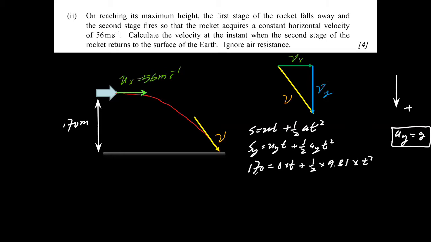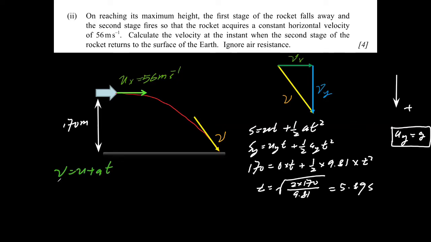From here we can find t equals the square root of 2 times 170 divided by 9.81, that is 5.89 seconds.